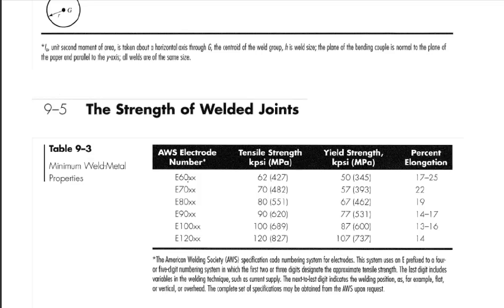An E60 family of welding electrodes has tensile strengths of 62 kpsi, or 427 megapascals. They have lower yield strengths, so this is more like an ultimate tensile. Yield strengths of 50. Percent elongation numbers give us an idea related to the ductility. So we can choose different wires or welding electrodes that would have different strengths appropriate for the job.